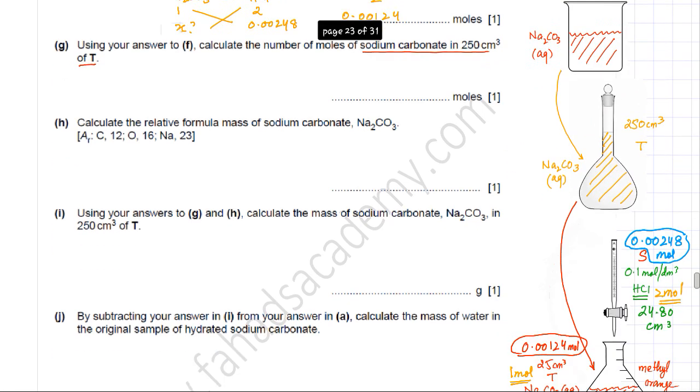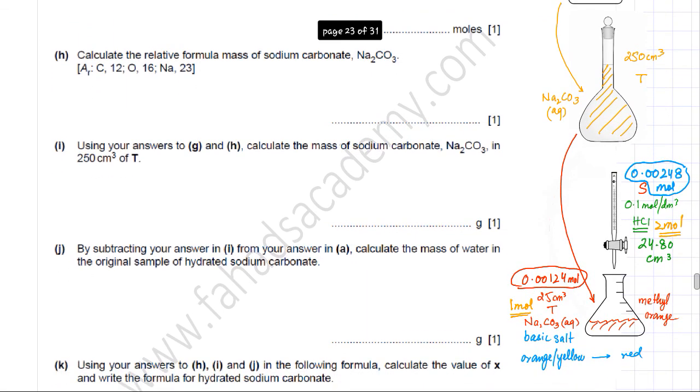Remember, we took 25 cm cube of T in this flask, and we found the moles of sodium carbonate, which came out to be 0.00124 moles in this 25 cm cube sample. Now we're being asked to figure out the quantity of moles in this 250 cm cube sample. So if in 25 cm cube you have 0.00124 moles, then in 250 cm cube, that's 10 times the volume, the number of moles would also be 10 times.